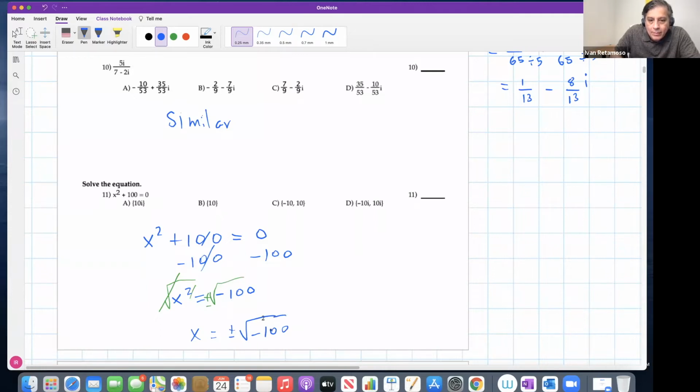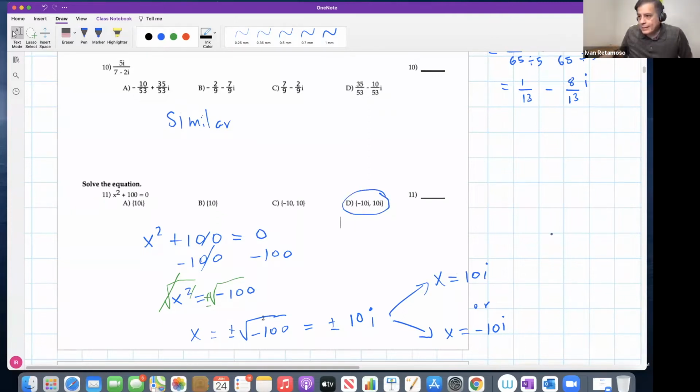But this as a complex number is just plus minus the square root of -1 is i, the square root of 100, right? Plus minus 10i. So two solutions here, x equal 10i or x equal -10i, right? So that's it. So mathematicians put this together with braces, right? Separated by commas, right? So that's it for 11.